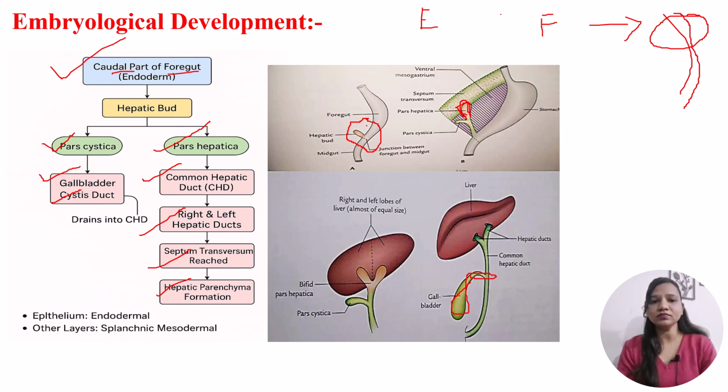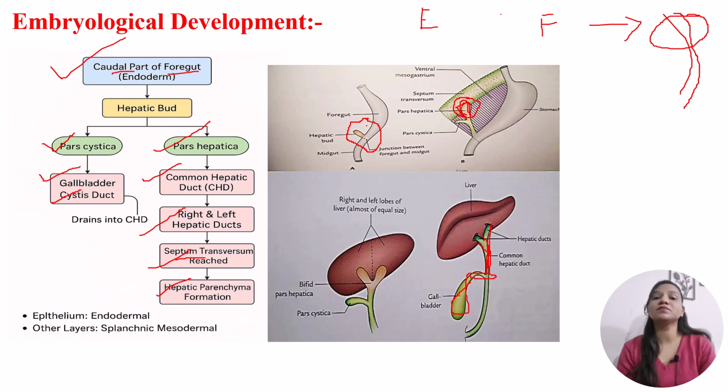As you can see in this picture, the right and left hepatic duct and common hepatic duct developed from pars hepatica, and it also helps in the formation of septum transversum. What is septum transversum?